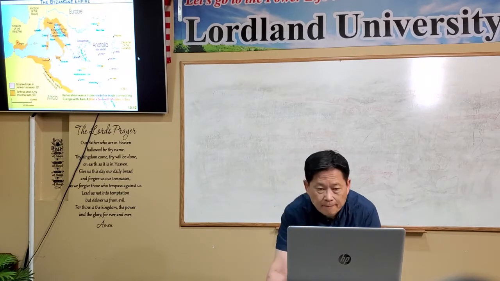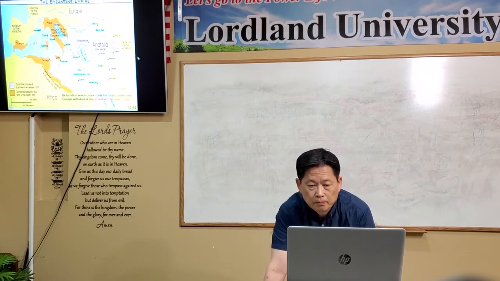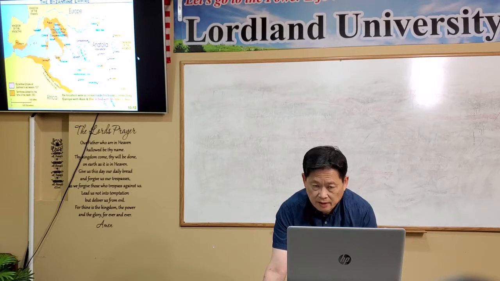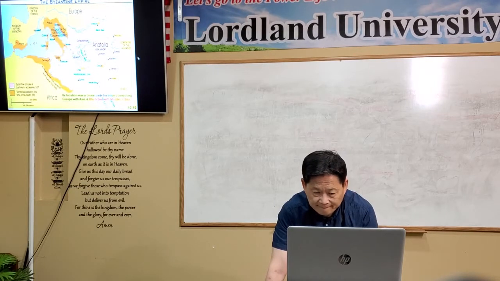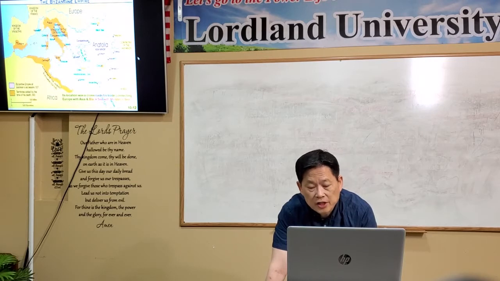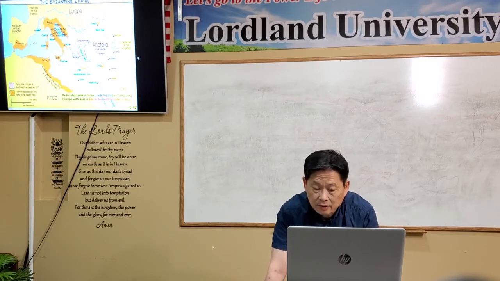This map shows the Byzantine Empire. The location was a crossroads for trade connecting Europe with Asia and the Black Sea with the Mediterranean Sea.